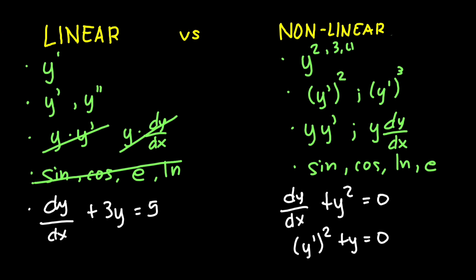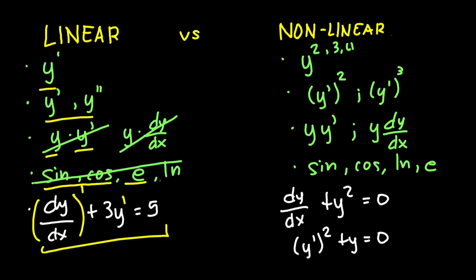So if you can see the difference here, for linear, y only has a power of 1, and its derivative also has a power of 1. You can see here that there is no y multiplied by its derivative, and also there are no trigonometric, exponential, or logarithmic functions in this equation.